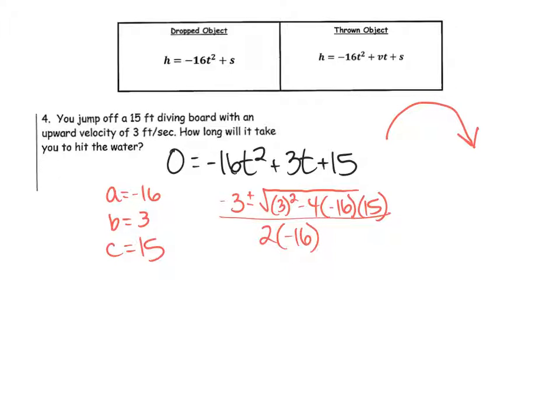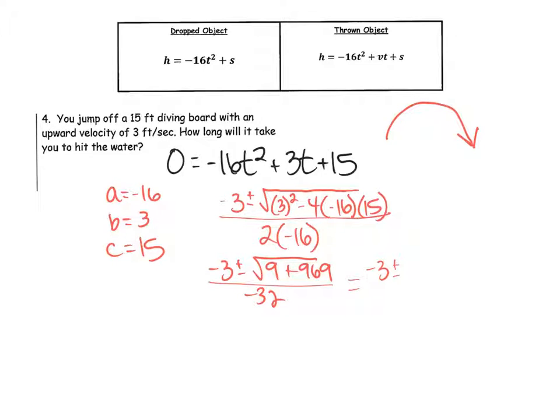So let me do the math for you. You are going to get negative 3 plus or minus the square root of 9 plus 969. Okay? All over negative 32. So basically what that means is that I'm going to have negative 3 plus or minus the square root.